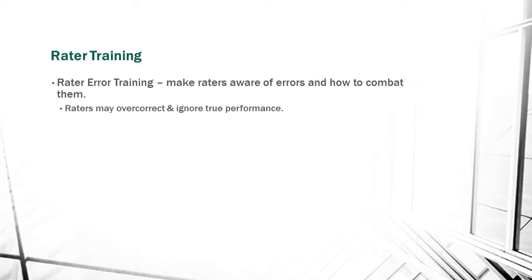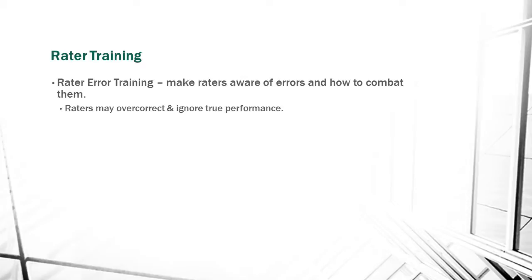For example, make sure that you're not tuning out in the middle of the performance period. Document performance as you go so that you're not influenced too much by a first impression or by a recency bias. Making people aware of each of these errors does seem to help.